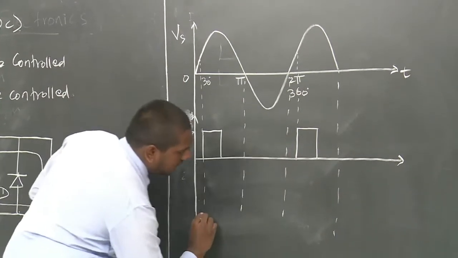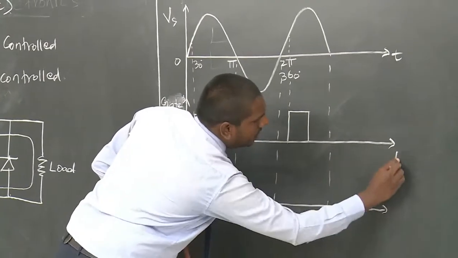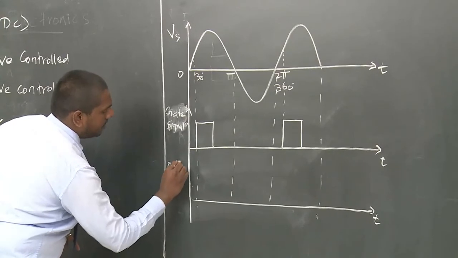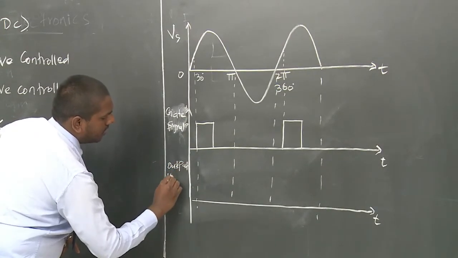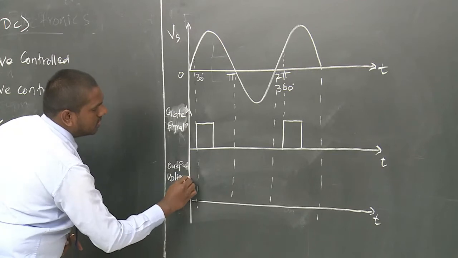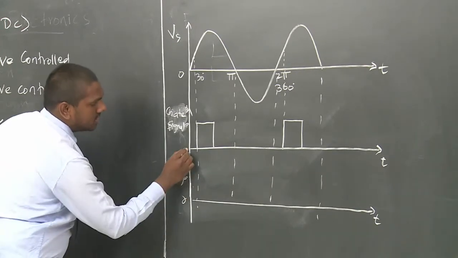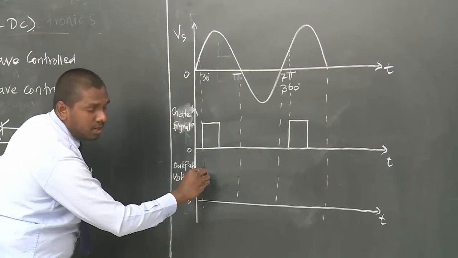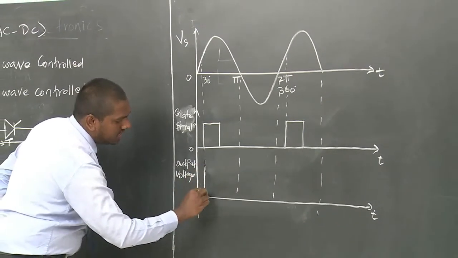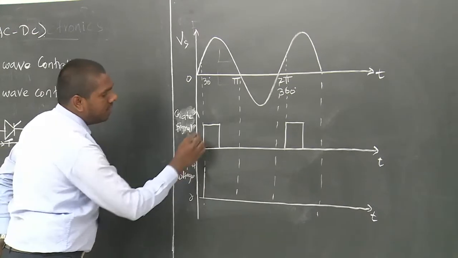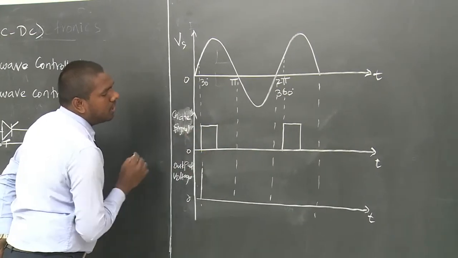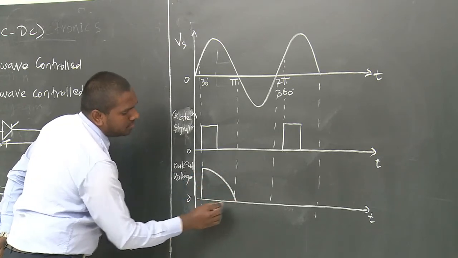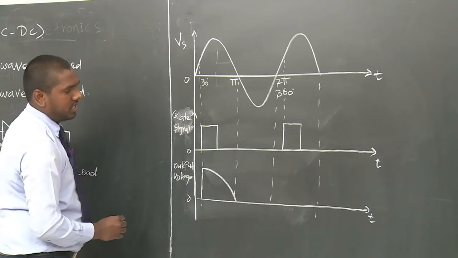Next is our output voltage. Initially the thyristor will be enabled. So the output voltage is initially at a peak position, and when the gate pulse ends, it gradually reduces and again reaches the zero position.